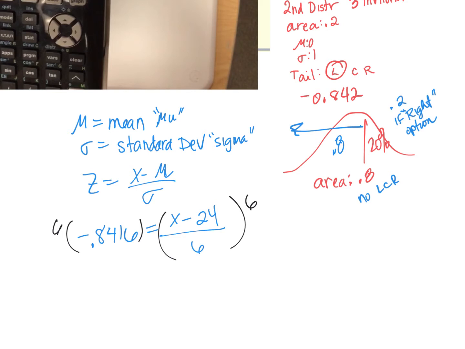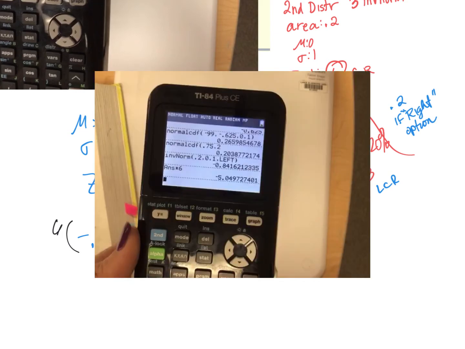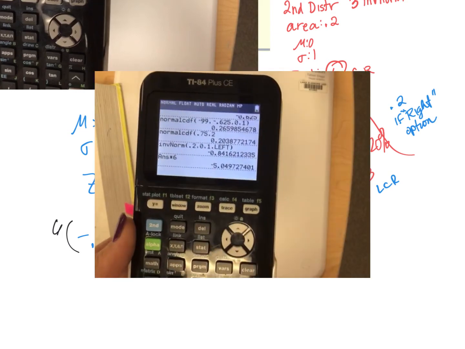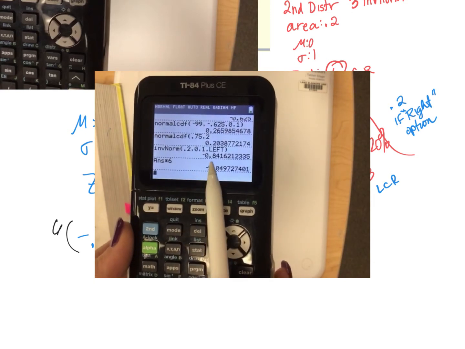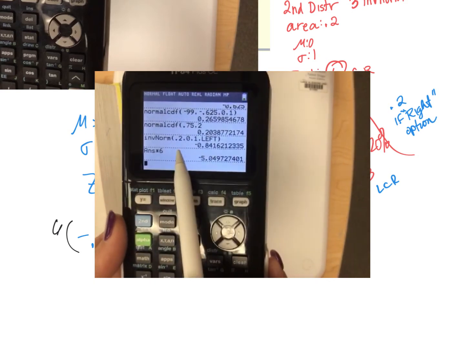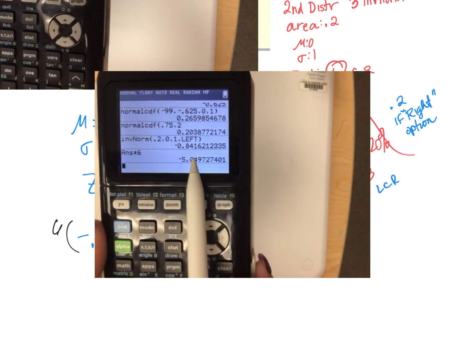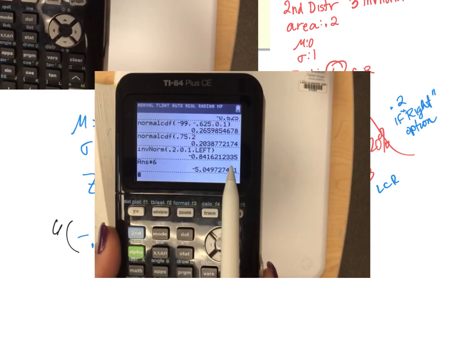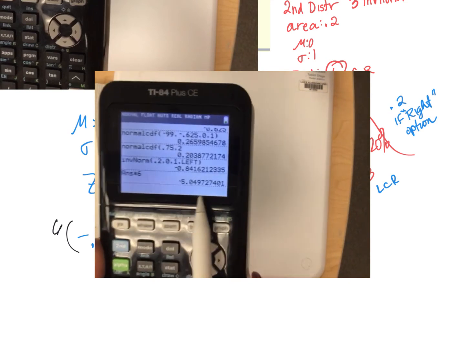You should not either. So instead of retyping 0.8416 and rounding it, I just hit times 6 because that's going to keep the unrounded answer in my calculator, and my final answer will be most accurate.